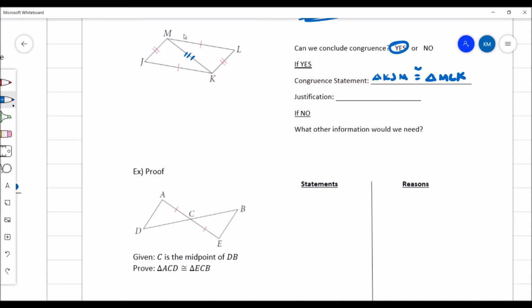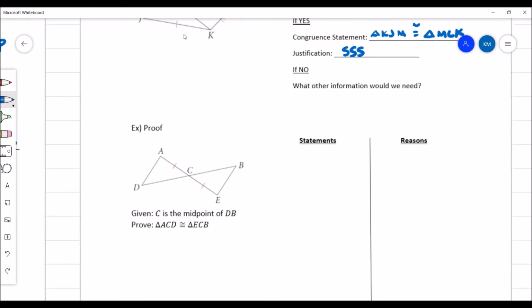I'm trying to set up a pattern so that I follow the corresponding angles and corresponding sides in the same place. Again, justification, not a whole lot of space here because I don't need to write a lot of words. What's my justification for saying these two triangles are congruent? Side, side, side postulate. I'll just write side, side, side. And we don't have to worry about no, because no's not the answer.